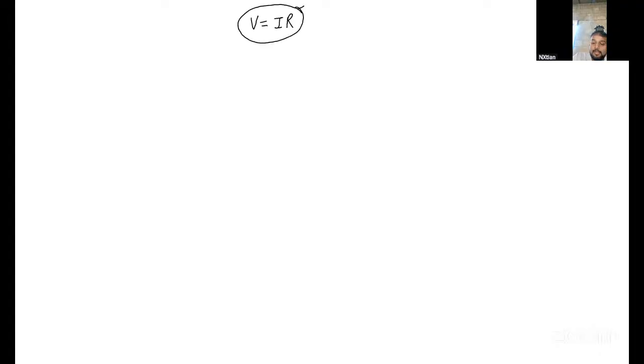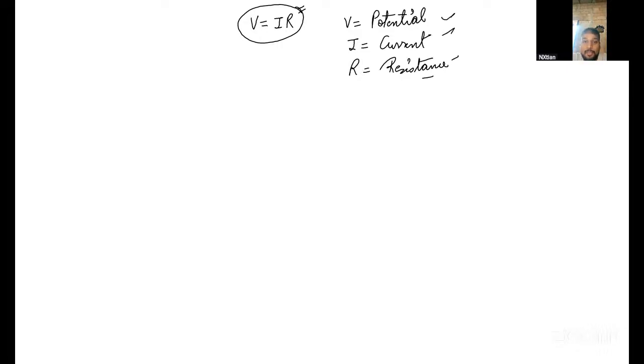Here V stands for potential difference, I stands for current, and R stands for resistance. So this is what we learned. Yes or no?